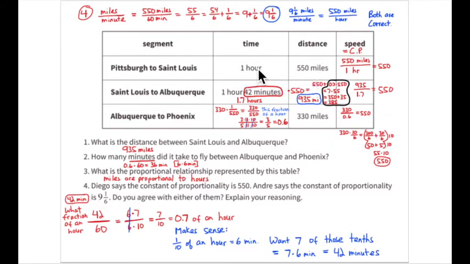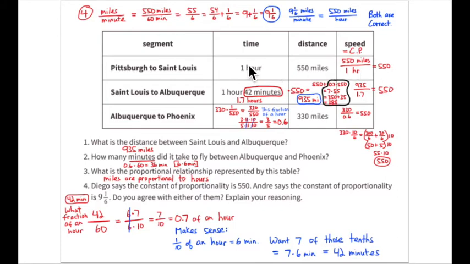So how many ones are there in 550 miles? Well, there's 550 of them. So this distance, 550 miles, is 550 times this 1 unit for 1 hour. So speed is the constant of proportionality. It's 550 miles divided by this 1 hour, which equals 550.